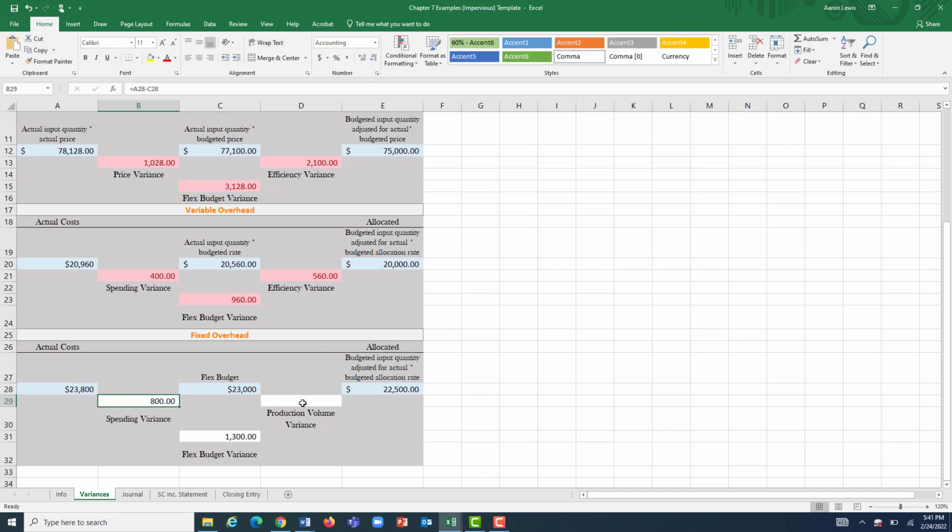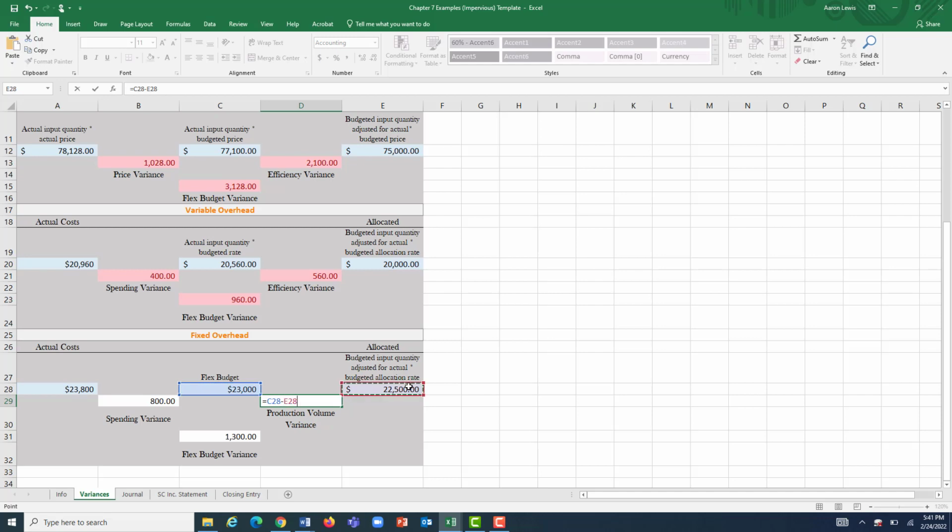There we go. The production volume variance means that we didn't allocate as much overhead as we should have using our standard costing system because our actual production volume differed from our expectations. Well, we had a flex budget amount of $23,000.